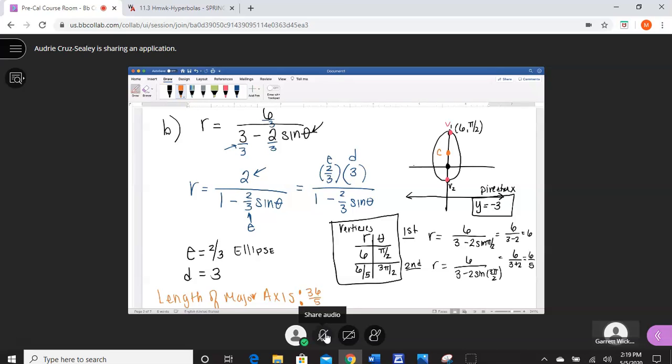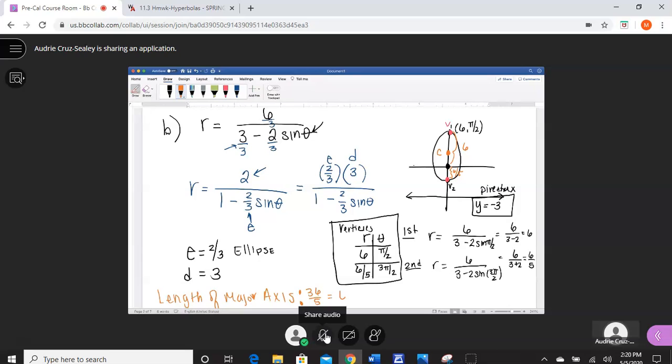The distance from here to here is 6/5, right? Because that's 6/5, 3 pi over 2. And the distance from here to here is 6, since that's 6 pi halves. So if you add the 6 and the 6/5 together, you get the length of the major axis, which is 36 over 5.